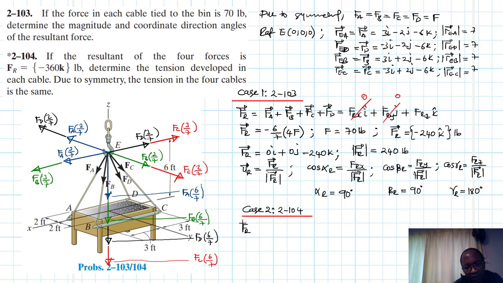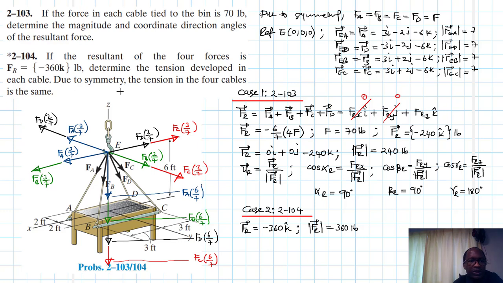We have the resultant force vector equal to minus 360k, and this magnitude is the same value, 360 pounds. So this information we have.